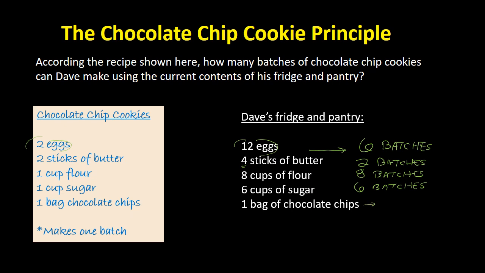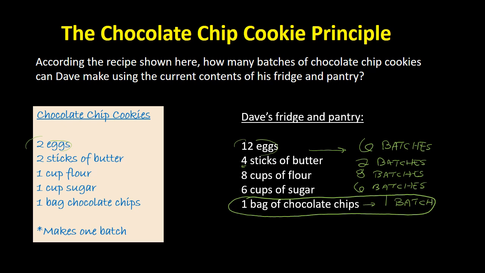So he only has enough chocolate chips to make 1 batch of cookies. Okay, so given all of that, how many batches can he make? Well, obviously, the answer is he can only make 1 batch of cookies, because once he mixes everything together to make 1 batch, he runs out of chocolate chips and he can't bake anymore.